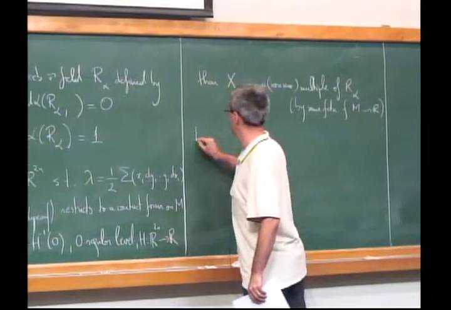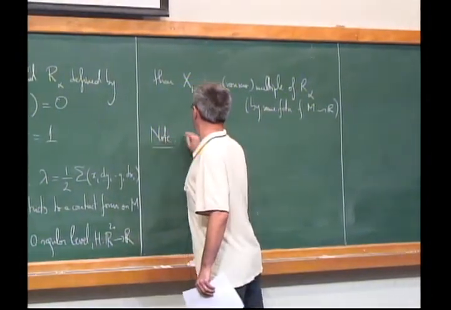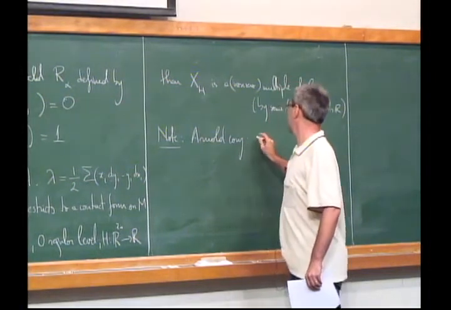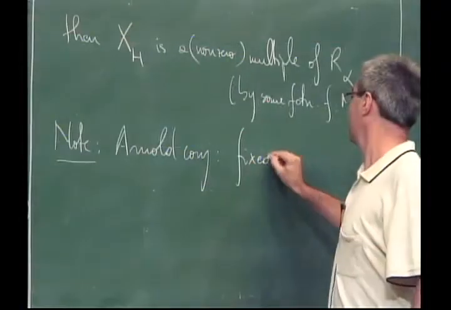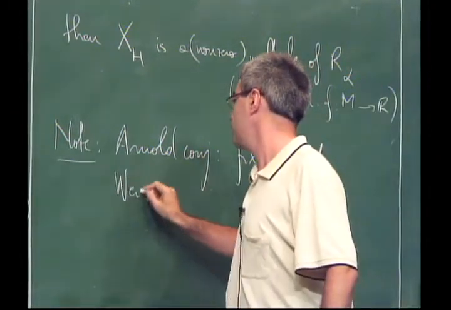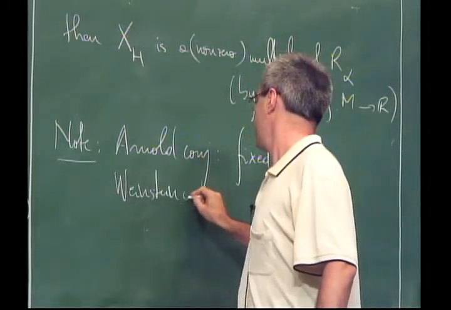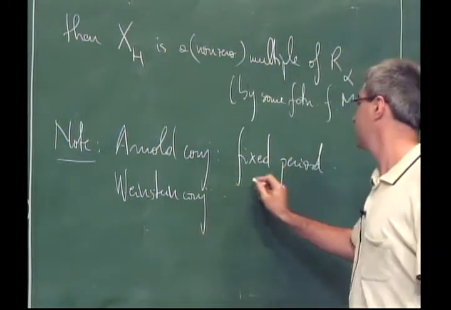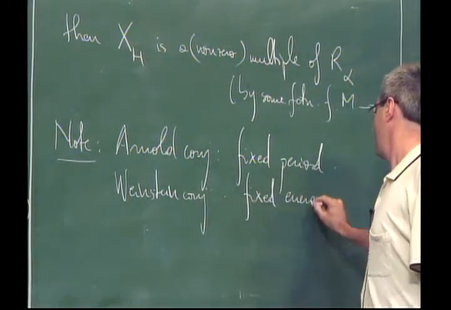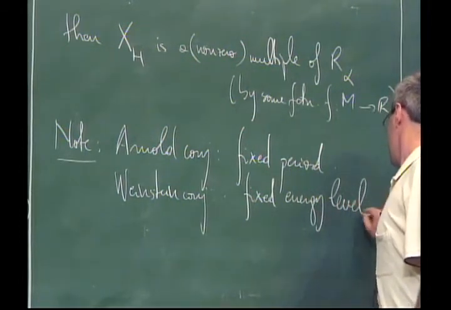So note Arnold conjecture is about fixed period. And Weinstein conjecture is about fixed energy level. Right?